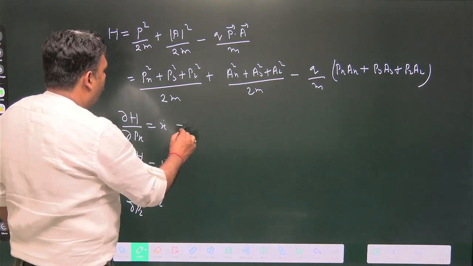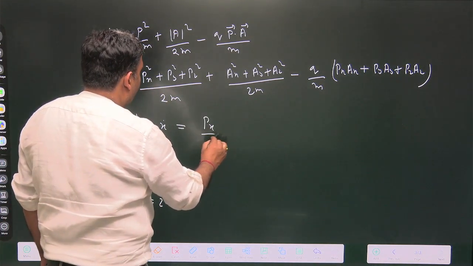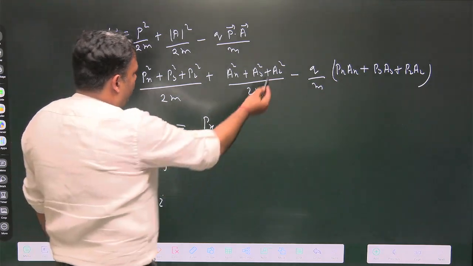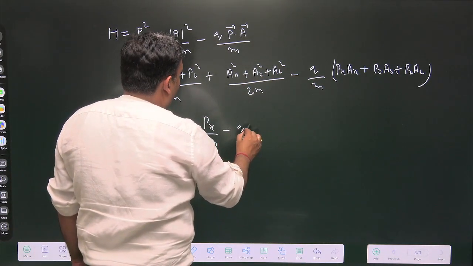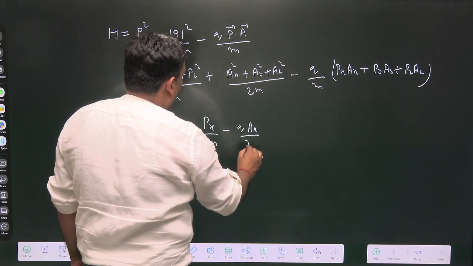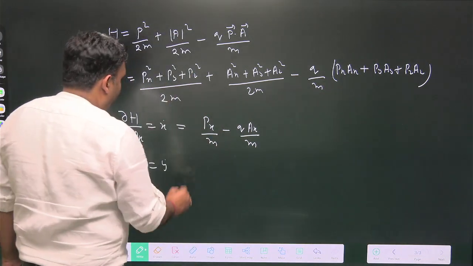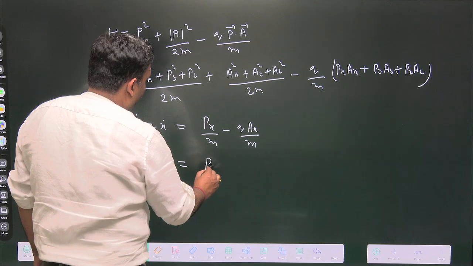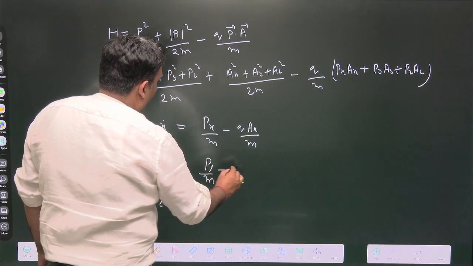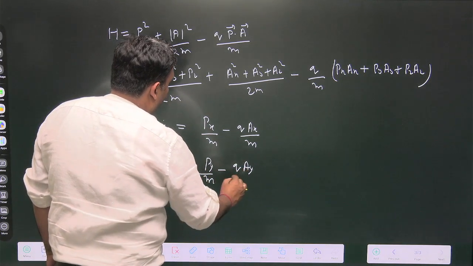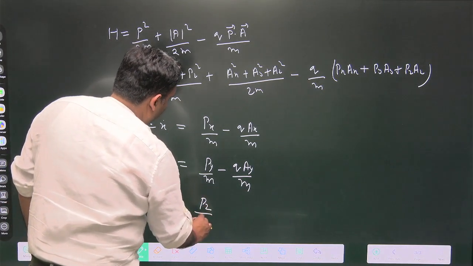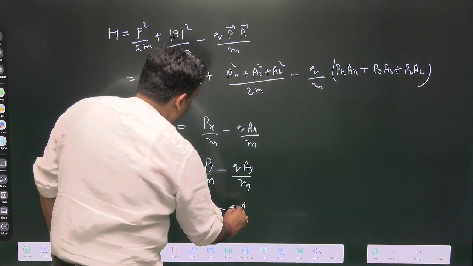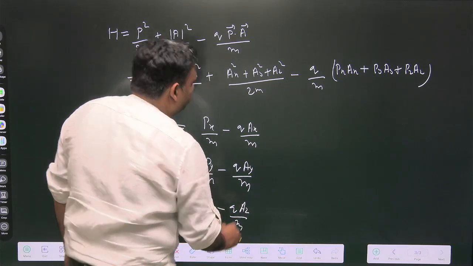From here we get x dot equals Px upon m minus q Ax upon m, and similarly y dot equals Py upon m minus q Ay upon m, and z dot equals Pz upon m minus q Az upon m.